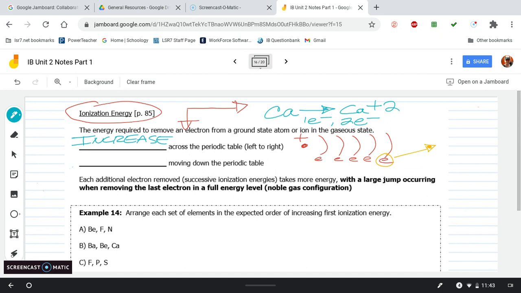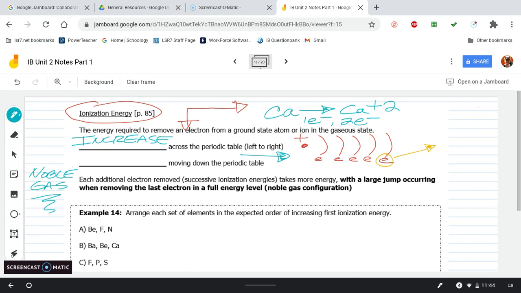As you go across the periodic table, you are getting close to the most stable elements, which are the noble gases. So the noble gas family, what do they never want to do? They never want to lose an electron. So as you go left to right, you're getting closer to the noble gases. So it's harder to take away electrons from those elements because they're closer to being noble gas and they do not want to give away electrons.